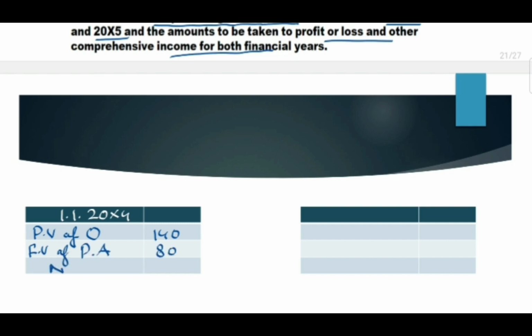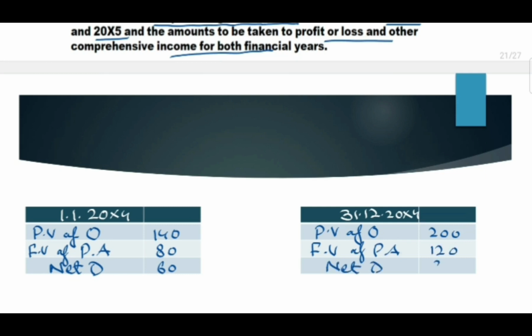So this is a net deficit of 60 million, while on 31st December 20X4 the present value of obligation is given as 200 million, while the fair value of plan asset is given as 120. So it is again a net deficit of 80 million.